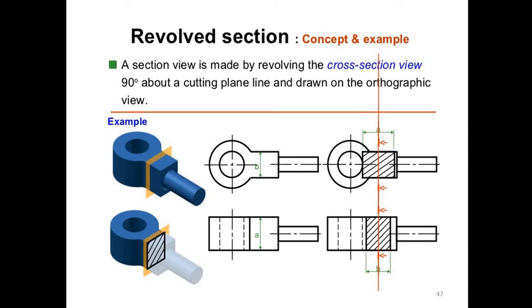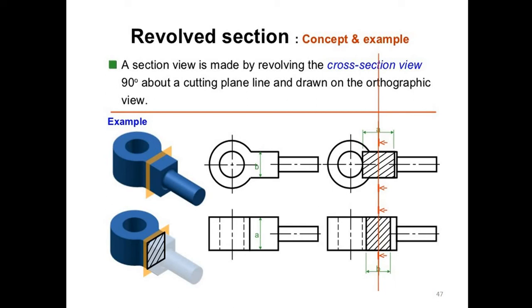One front view and one top view are there. A and B are the dimensions of the component, but in this figure the revolved section is not taken, while in figure B the revolved section is taken.